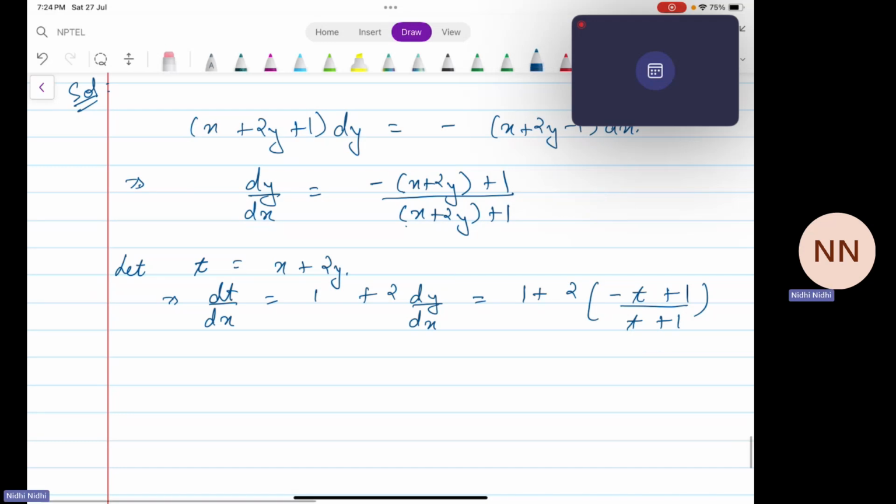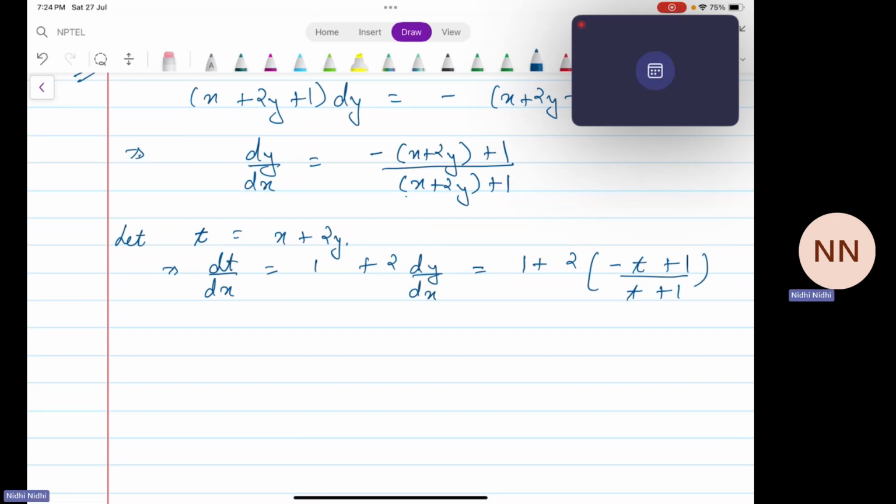So this gives us dt by dx equal to t plus 1 minus 2t minus 2 upon t plus 1.